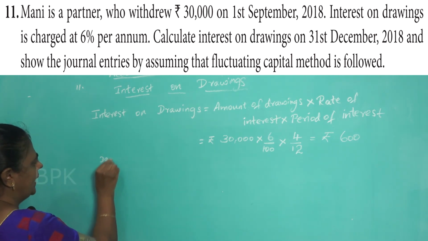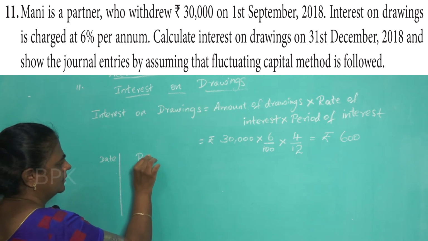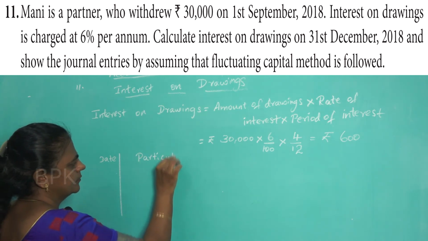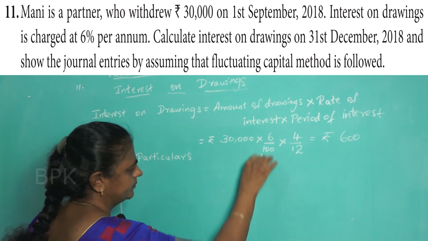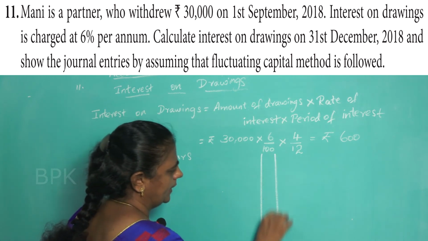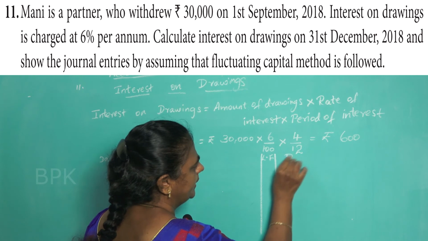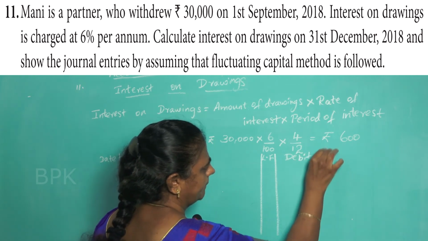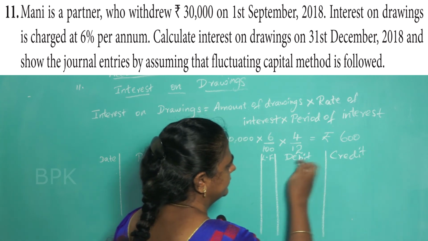So, you put the format: date, particulars, LF, then debit, credit, rupees.